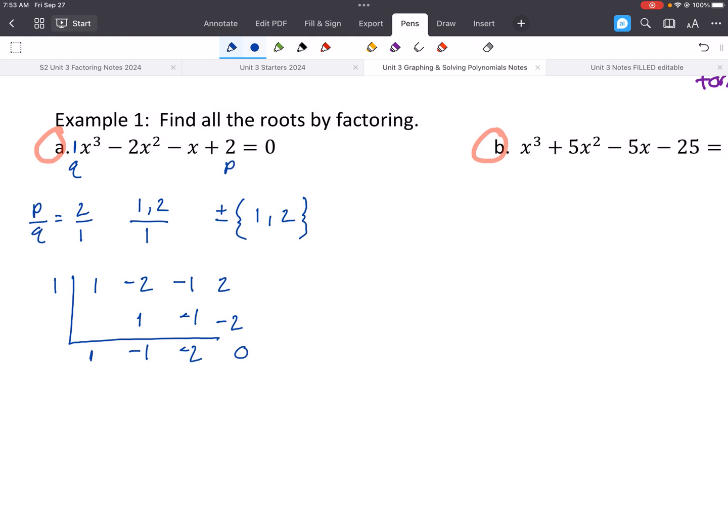It would end up getting a 0, which means that x equals 1 is one of our solutions, and then we'll end up having a quadratic left behind, so we'll have x squared minus 1x minus 2 is equal to 0, and now we just need to solve this quadratic.